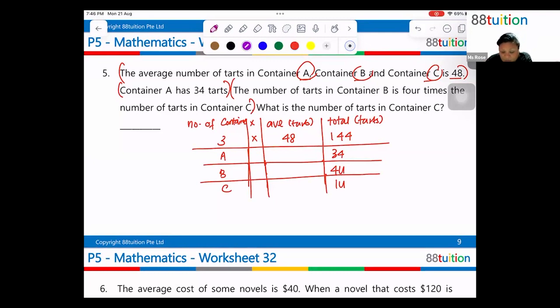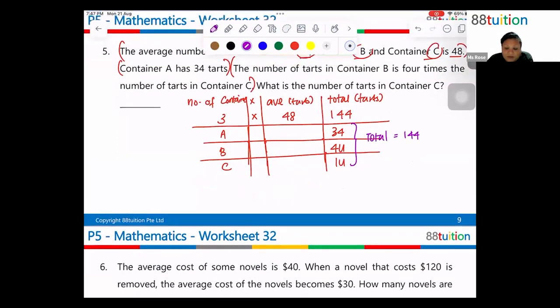That means the total here equals 144. So I have 5 units equal to 144 minus 34, which gives me 110.